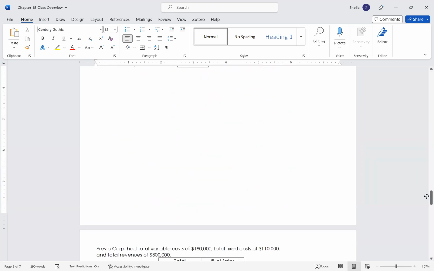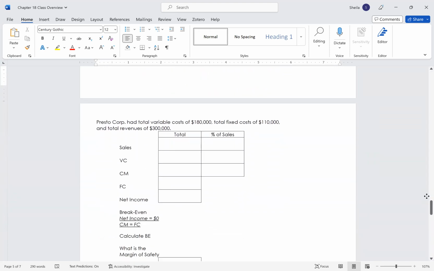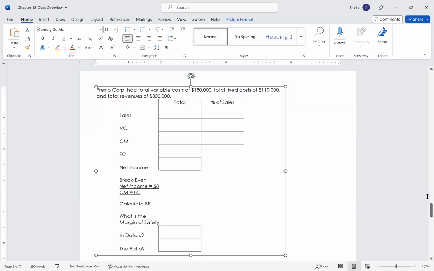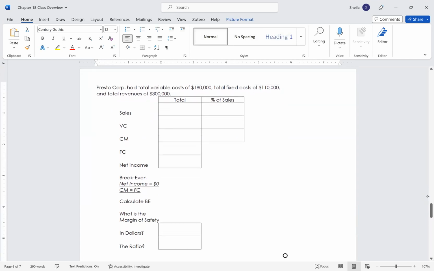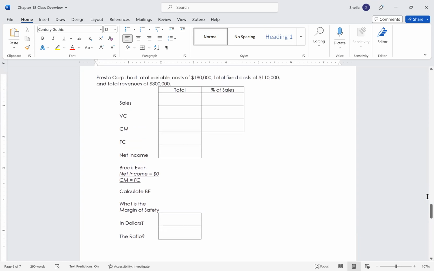The next example here, okay, now I want to talk a little bit about target net income and this idea of margin of safety. Okay, because when presidents and CEOs are talking about results, they're most likely going to be spending a lot of their time focusing and talking about revenue.